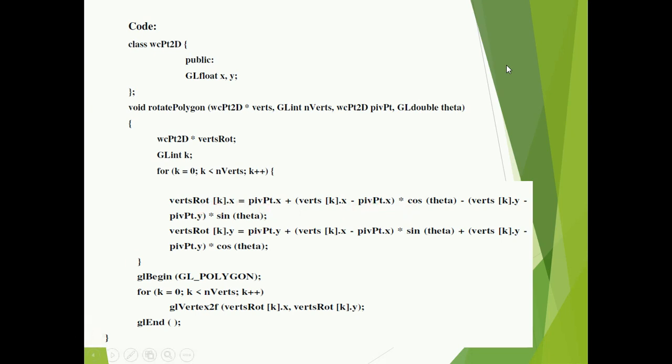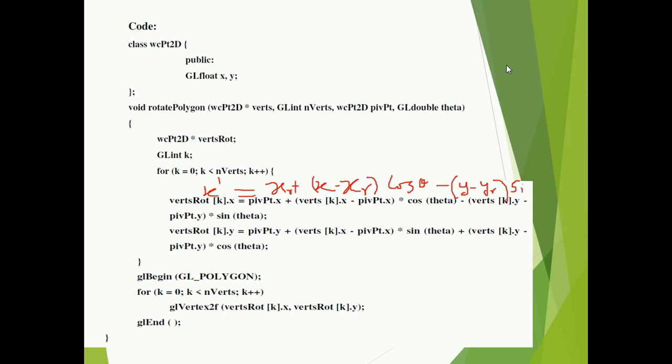So let me write that formula. x dash is equal to xr, which is your arbitrary point, plus (x minus xr) cos theta minus (y minus yr) sin theta.